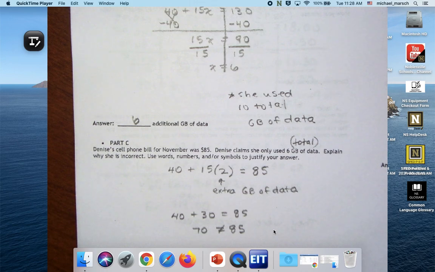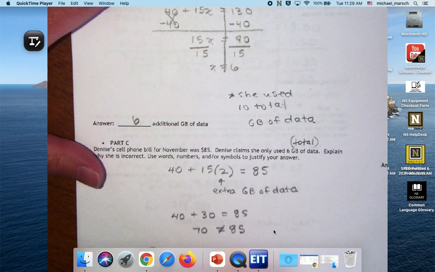Who can tell me how many more? $15 more, which is how many gigabytes? 1. So she actually used 7, I heard you, Jackson, total gigabytes of data. Right.